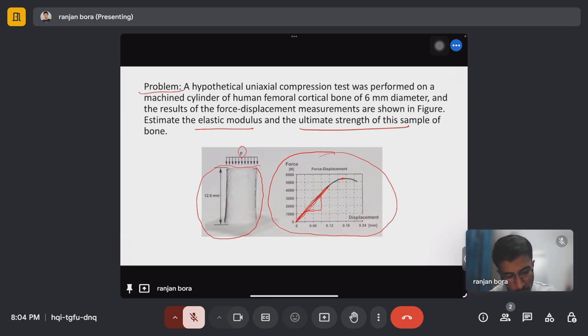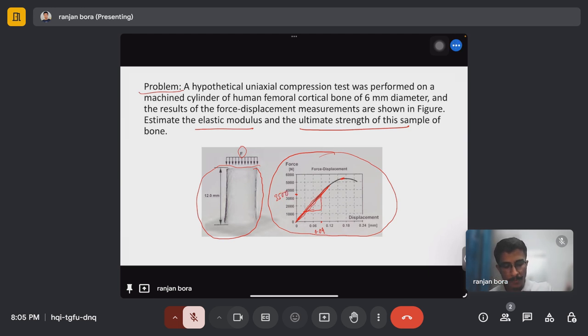From this diagram you can see this linear portion. This is 0.09 displacement, and corresponding to this the force will be around 3500 Newton.